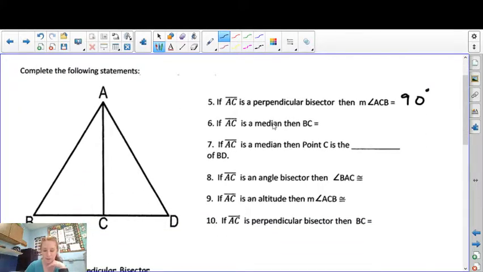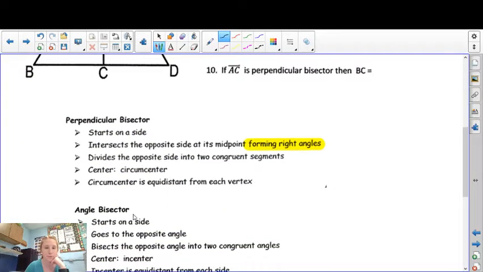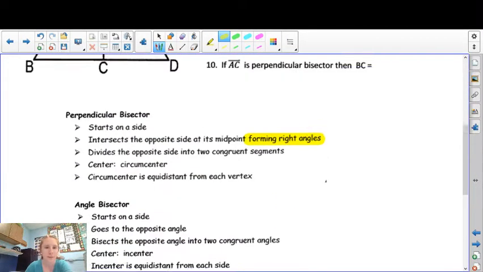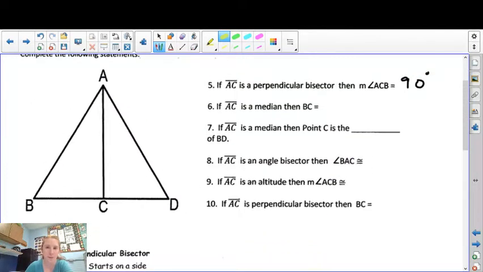Okay, if AC is a median, then BC is equal to what? Starts at a vertex, goes to the midpoint, divides the opposite side into two congruent segments. So if it's the median, then BC is equal to DC. I need to keep my letters in order.